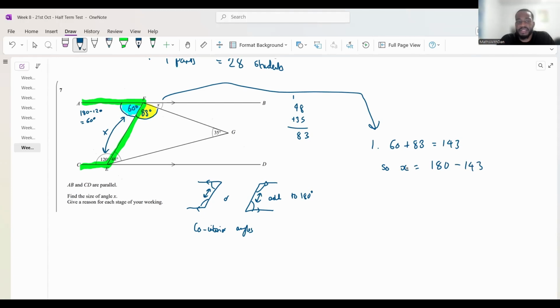Do we agree with that, guys? Does that make sense? Yeah, brilliant. Fantastic. Which is just 37, isn't it? Yeah. So this angle here is 37 degrees. All right, X is equal to 37. And that's our answer.